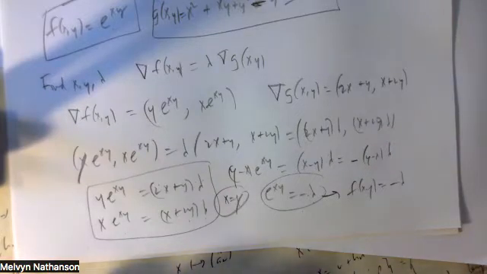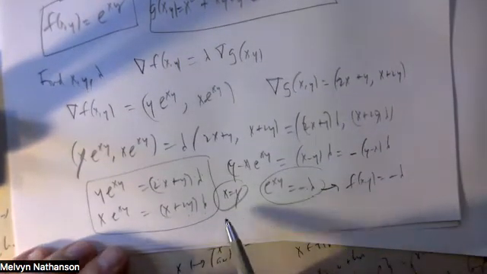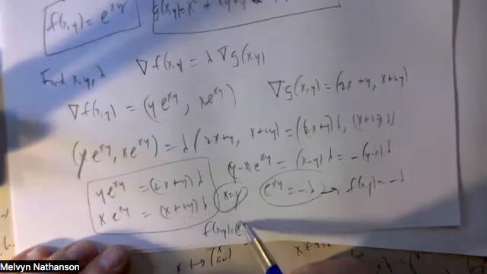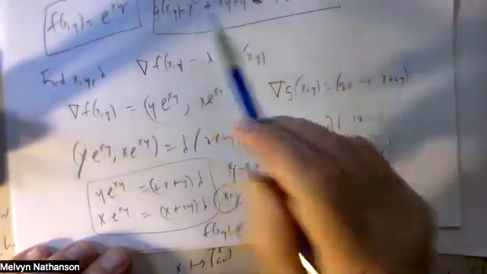That's one value the function f of x, y can take. If x equals y, f of x, y is equal to e to the x squared, and we want to maximize that subject to this constraint.